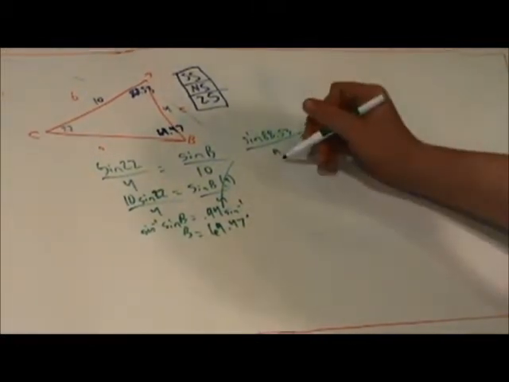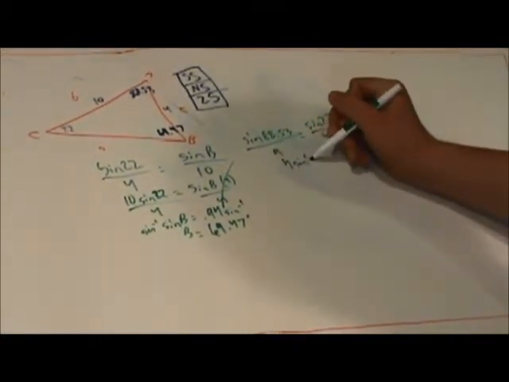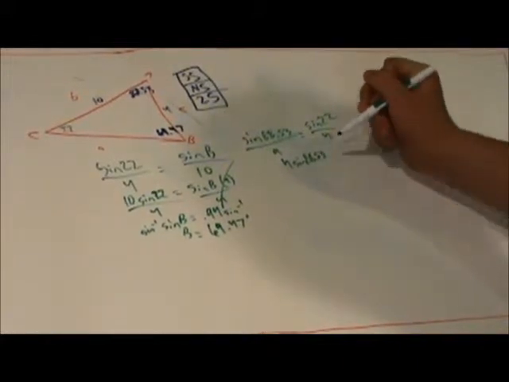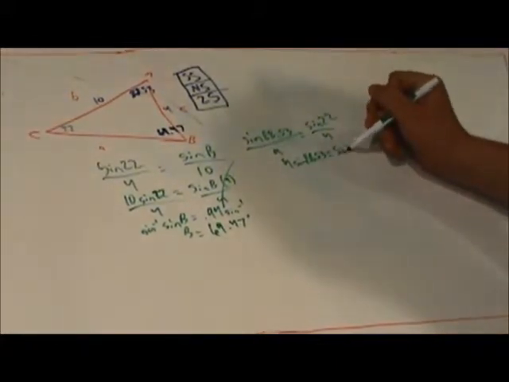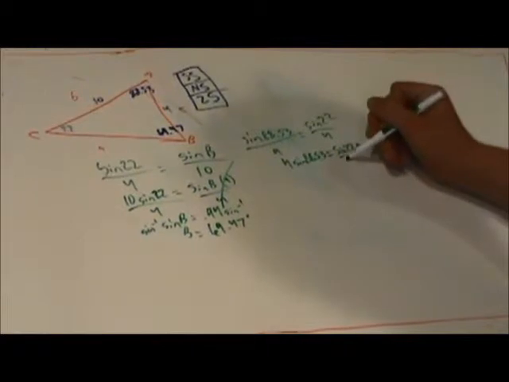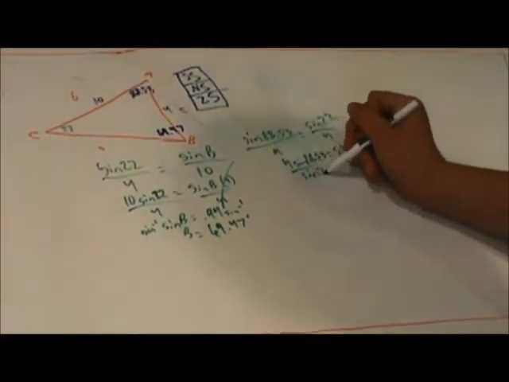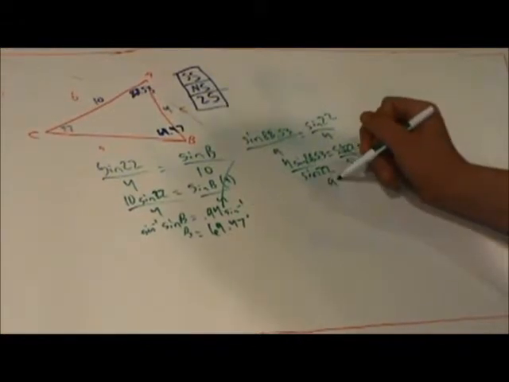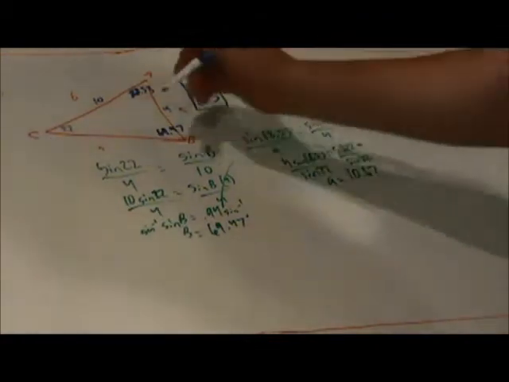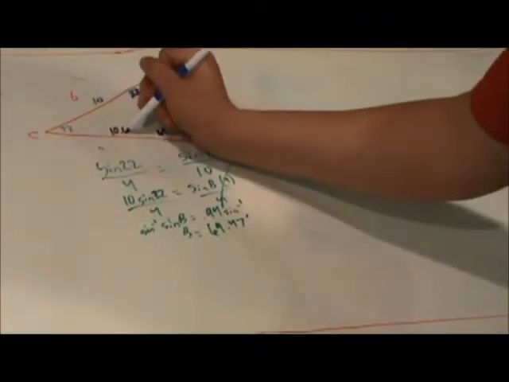And that gives us 4 times sine 88.53 equals the sine of 22 times A. Divide by the sine of 22 on each side, and you get the length of A to equal 10.67 feet. So now we can fill that in over here. The length of A is 10.67.